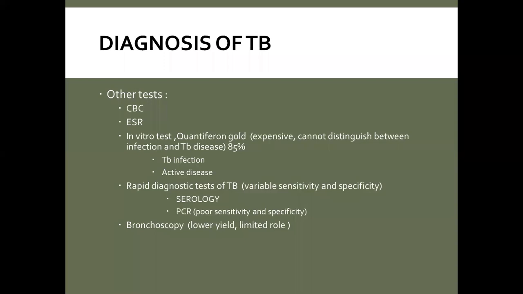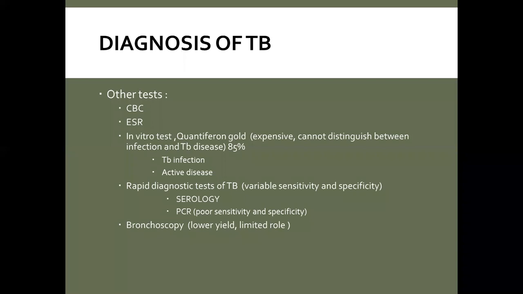Other tests which we carry out are CBC and ESR. They are not diagnostic for tuberculosis; they just give us an idea of the status of inflammation. There is another test called the Quantiferon Gold test. This is offered by private labs like Shifa International and Excel Lab. These are quite expensive, but helpful in almost 85% of cases.